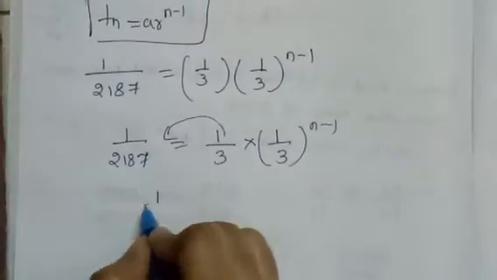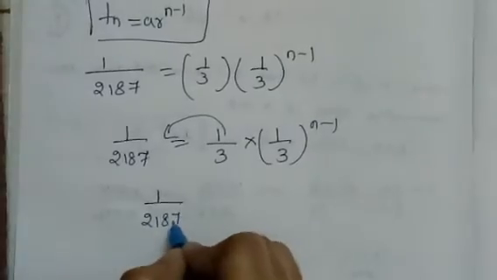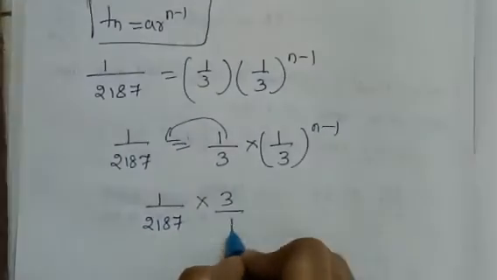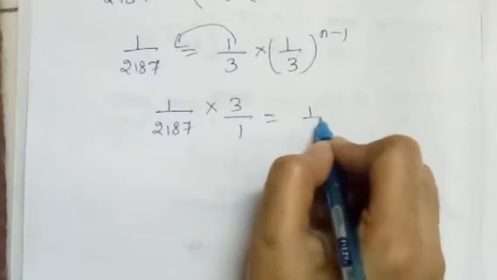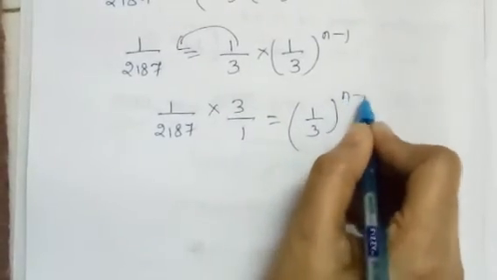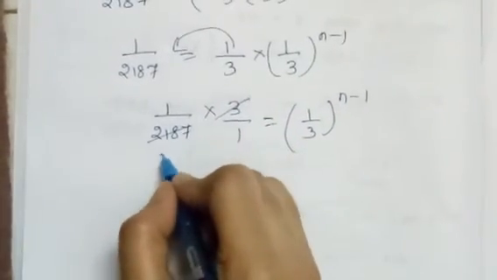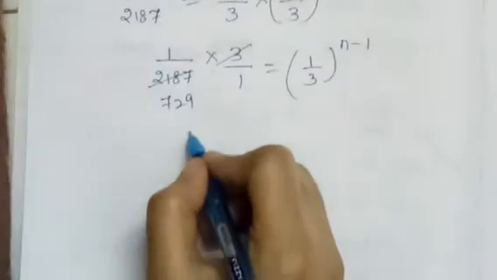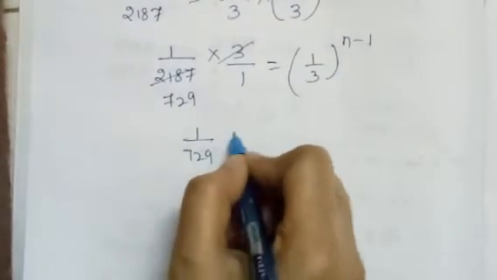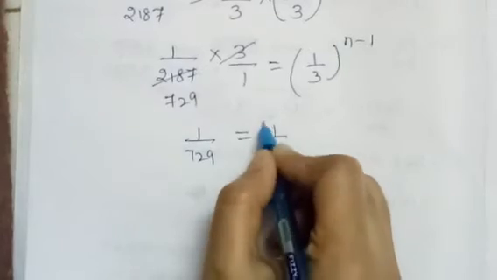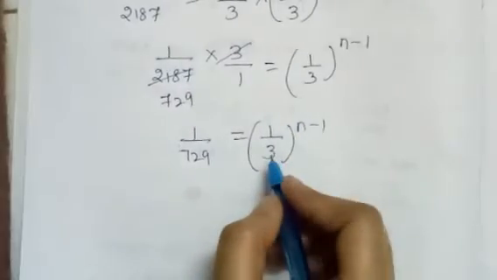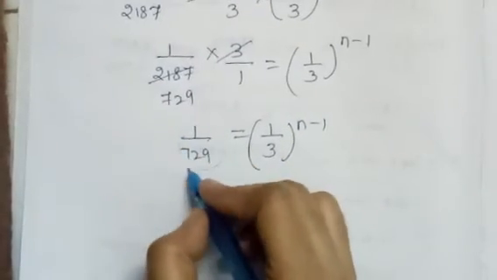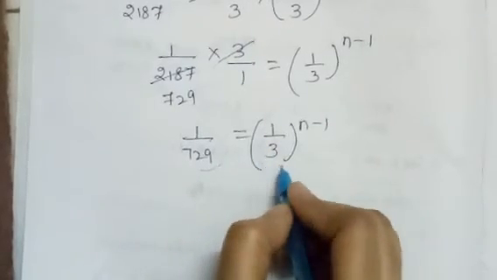Bring this term to this side. 2187 into 3 by 1 is equal to 1 by 3 to the power n minus 1. When we cancel this, we will get 729. So write 1 by 729 is equal to 1 by 3 to the power n minus 1. We have to convert this 729 in the base of 3.